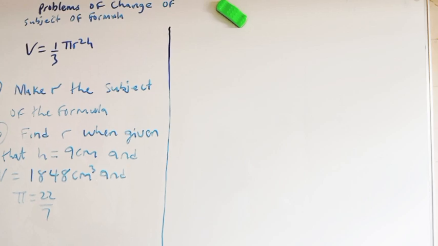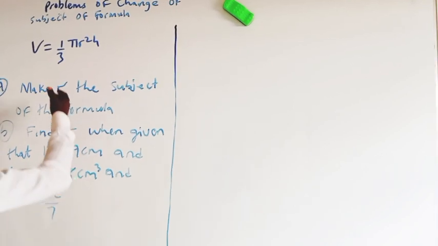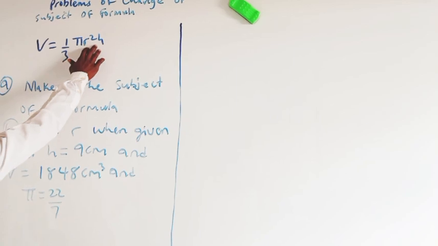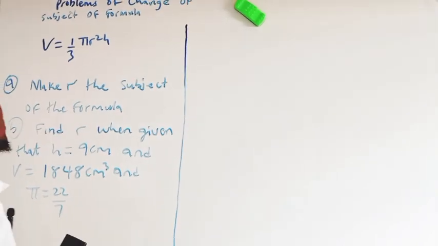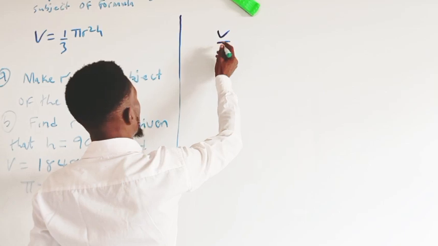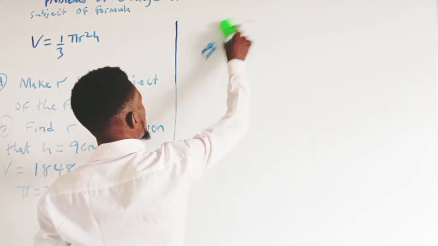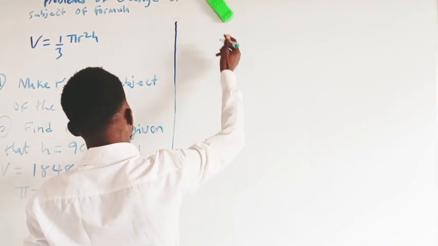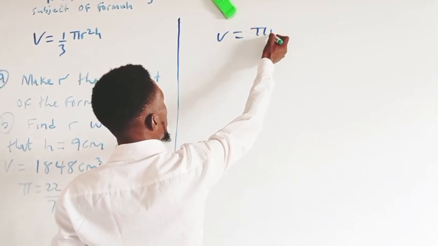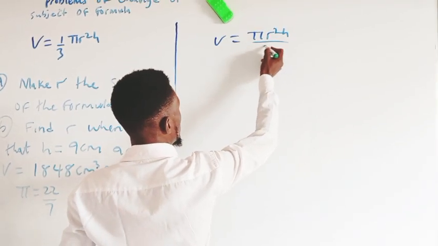The first thing is that once you have 1 over anything, like this form, I'm rewriting it as V equals pi r squared h over 3.